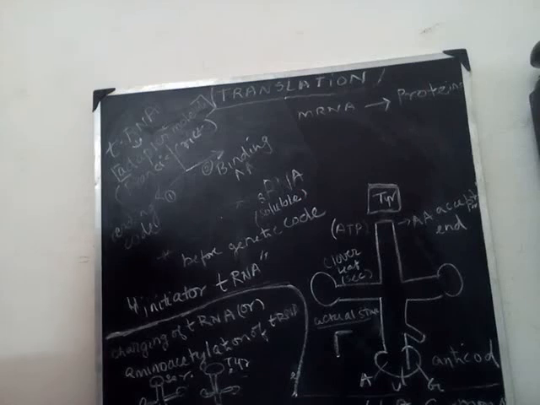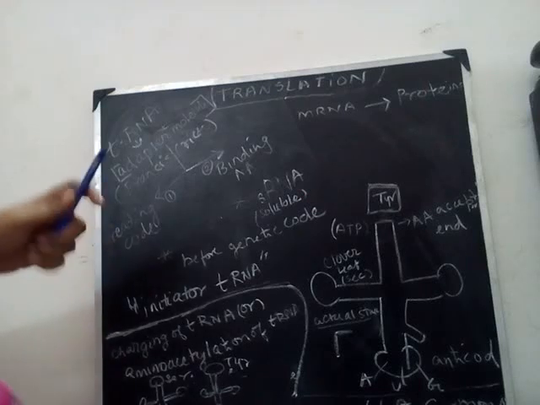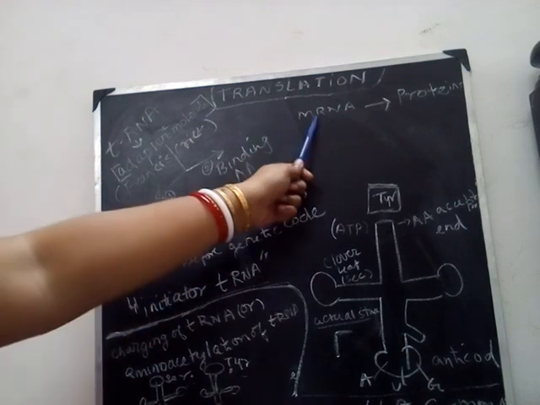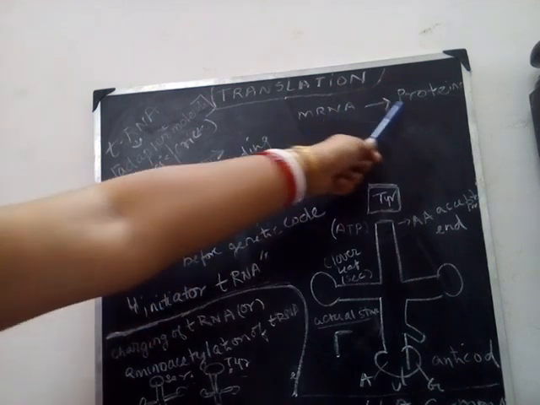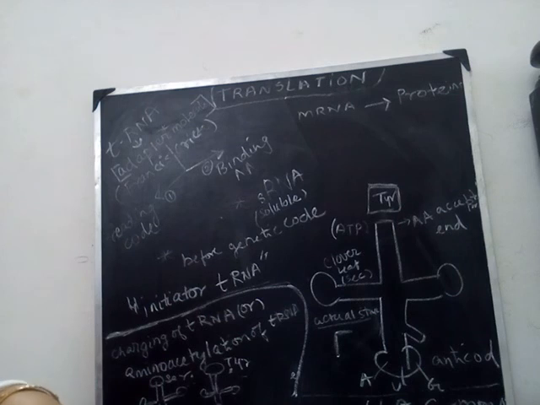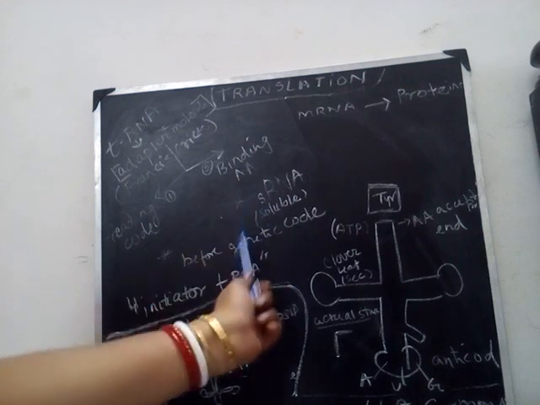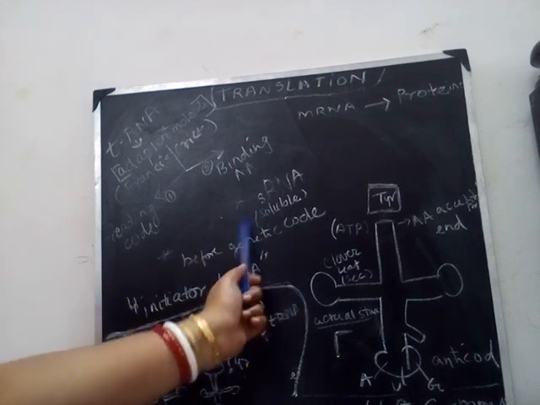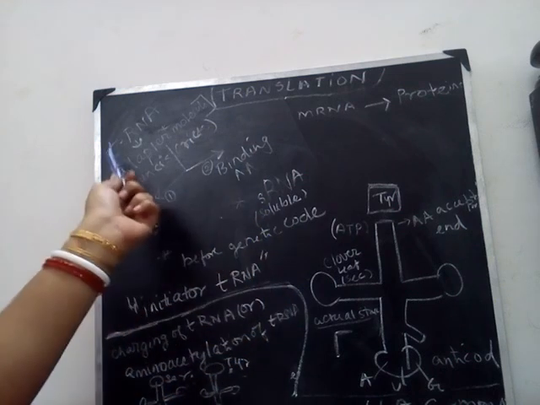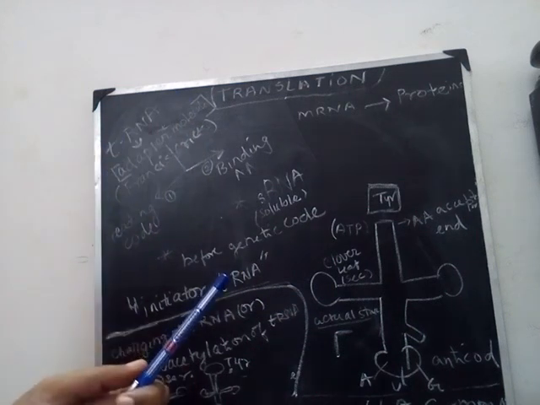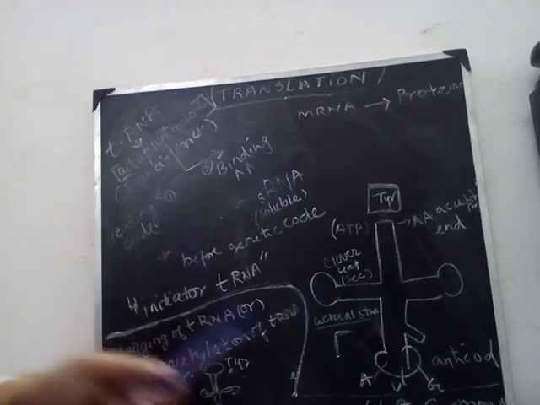So we begin translation. What is translation? Conversion of messenger RNA to proteins is the translation process. Even before the discovery of the genetic code, this adapter molecule concept was postulated by Francis Crick.